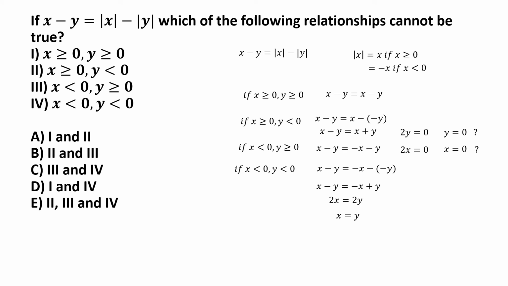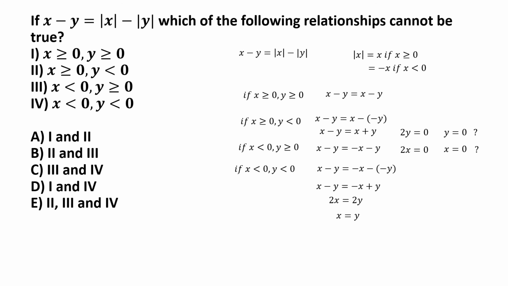Of course, not all values of x and y in this particular domain in option 4 are going to satisfy the relationship x minus y equal to mod x minus mod y. But there is at least a set of values, namely values for which x equal to y, for which this particular domain would still work as permissible for the relationship to hold true.